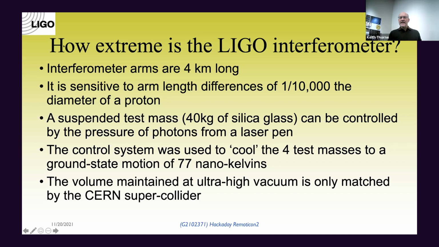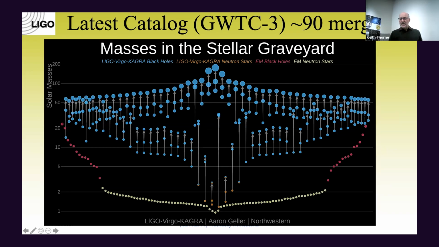But when you do extreme things, instruments, you can do extreme astrophysics. Here's our latest catalog from what we call the stellar graveyard. We got about 90 mergers, mostly black holes, but some of them are neutron stars. We've seen 2 or 3, and those are really great because other telescopes can see them.